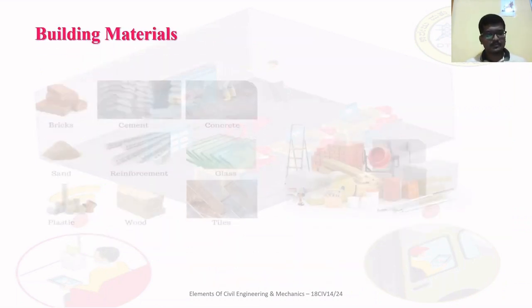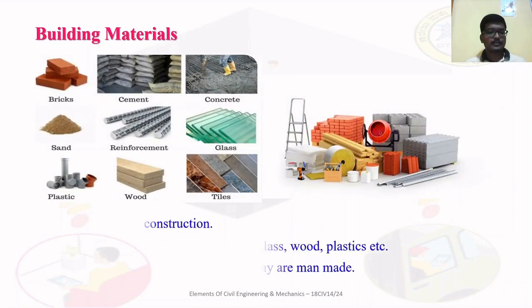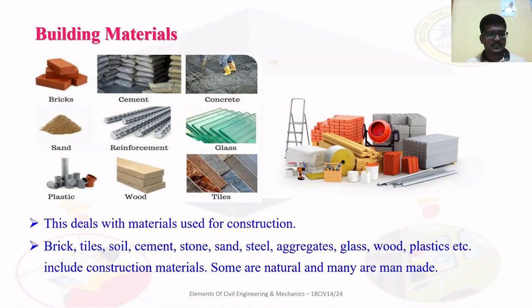Next comes building materials. What are building materials? Bricks, cement, concrete. This subject deals with the materials used for construction. Bricks, tiles, soil, cement, stone, steel, aggregates, glass, wood, plastic, etc., which are needed for construction, are included in building materials.